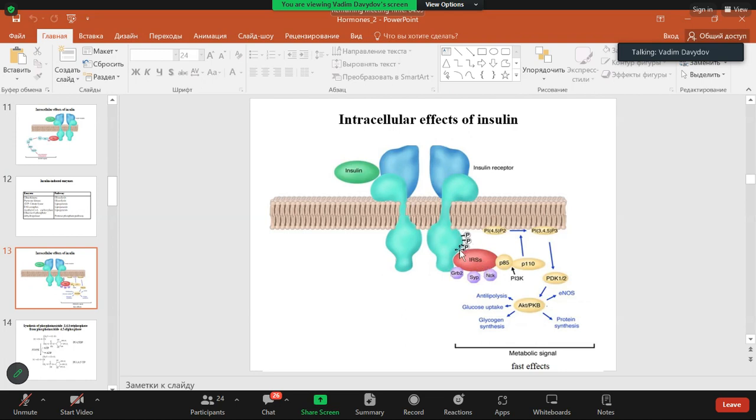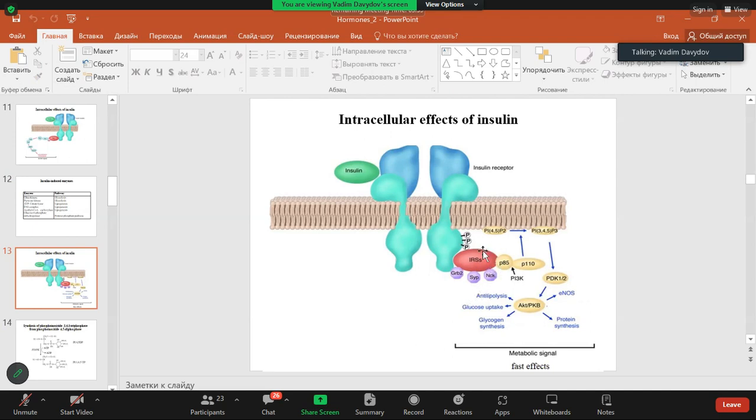After phosphorylation of the beta subunits, the insulin receptor gets the ability to bind IRS and undergo its phosphorylation. After its phosphorylation, IRS immediately binds other proteins, GRB2, NCK, SYP, and others.